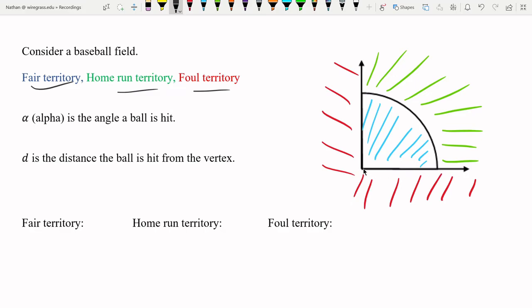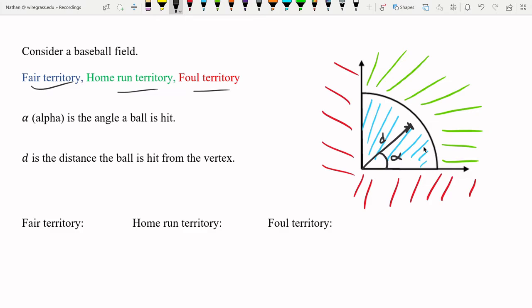The angle that they're hit, so say a baseball is hit to this spot right here. We have the angle, and this is our angle alpha, and D is the distance that it's hit. So this is hit to right there, so that's the distance from the home base plate, which I'm saying is right there in the corner. It's not quite, but in the simplified system, that's where we're going to say it.